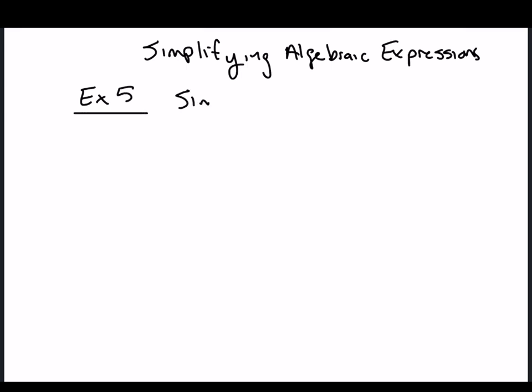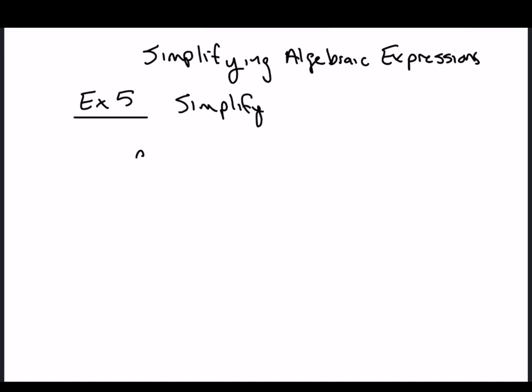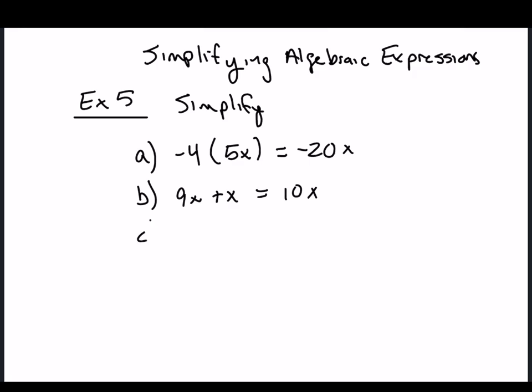We want to simplify -4 times 5x. Okay, so we can distribute -4 times 5. One's positive, one's negative, so we get -20x. What if we had 9x plus x? Well, that's 9x plus 1x, so we get 10x.